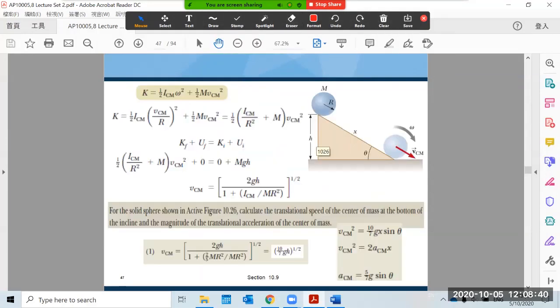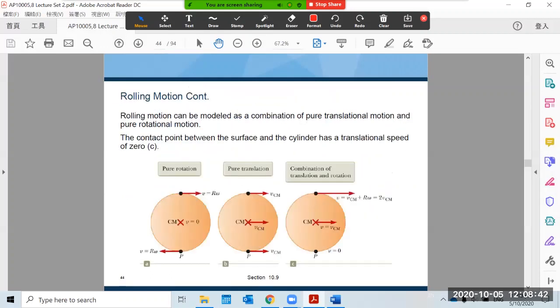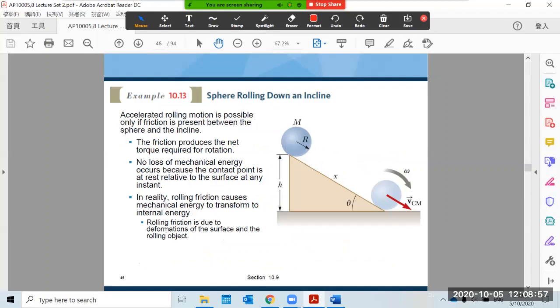The static friction is trying to prevent the ball from sliding forward, and it is therefore generating a torque that helps to get the ball rolling down the surface. So this would be the friction producing a net torque required for the rotation.